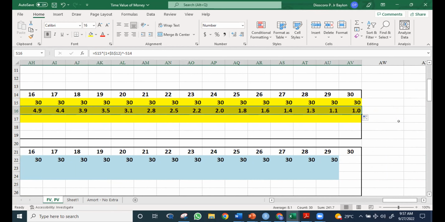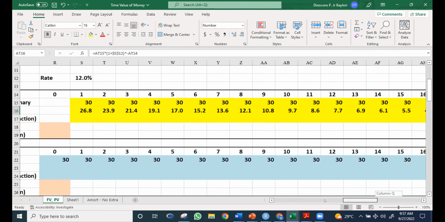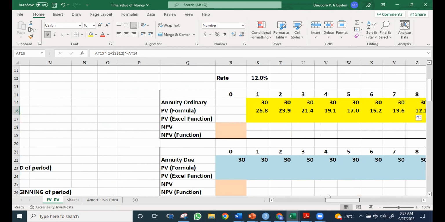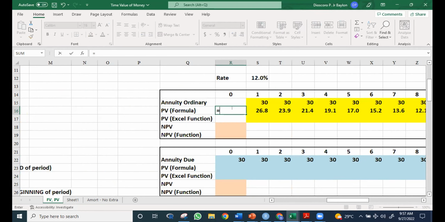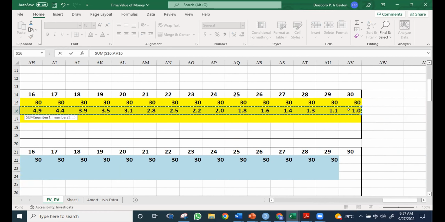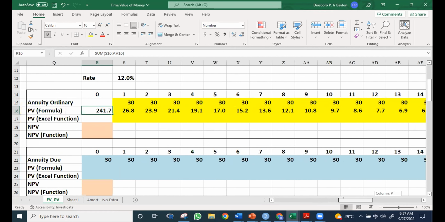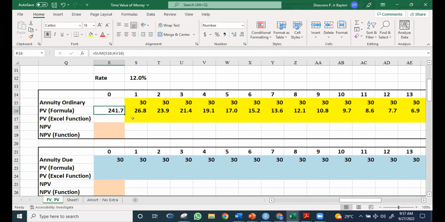So you notice, guys, that 30,000 in 30 years time is equivalent to just 1 now. These are the present values, and since they're now present values, we can now add them. So we added them and we got 241.7.